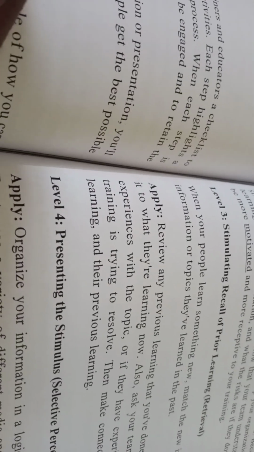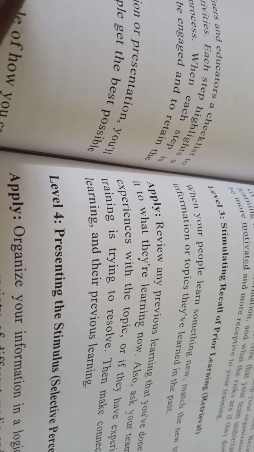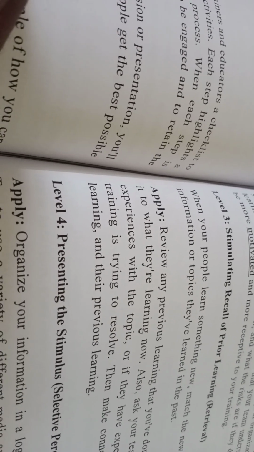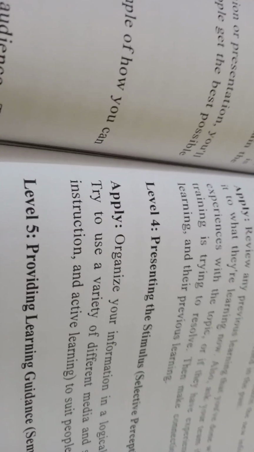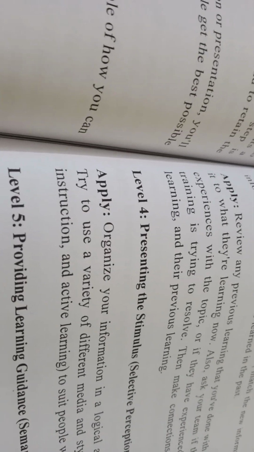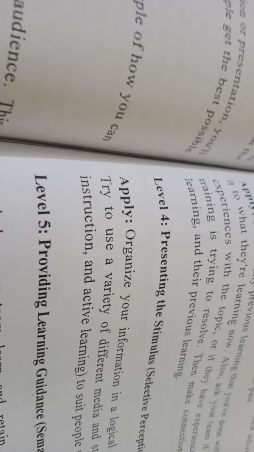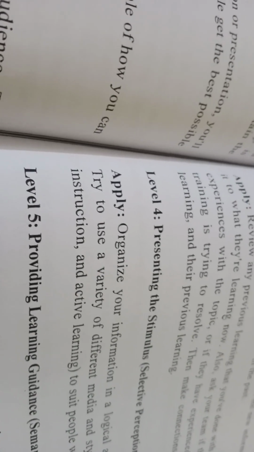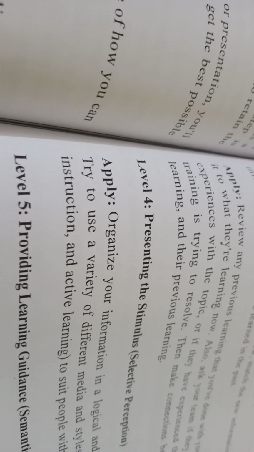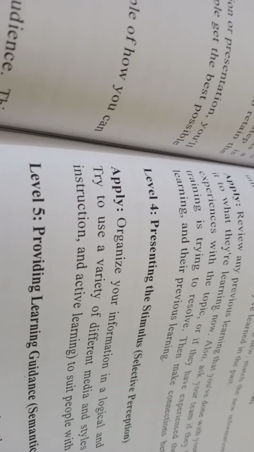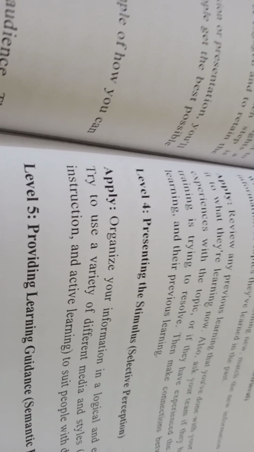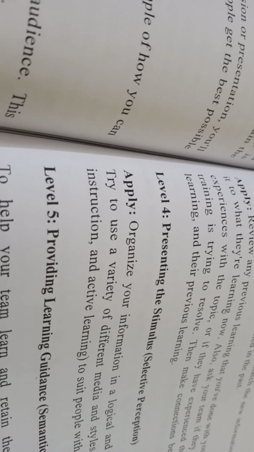Level 4, presenting the stimulus, or selective perception. Apply: organize your information in a logical and easy to understand manner. Try to use a variety of different media and styles, such as visual cues, verbal instruction, and active learning, to suit people with different learning styles.